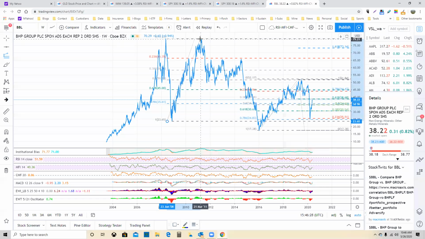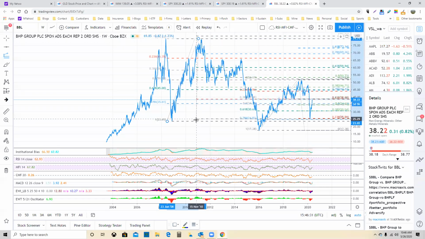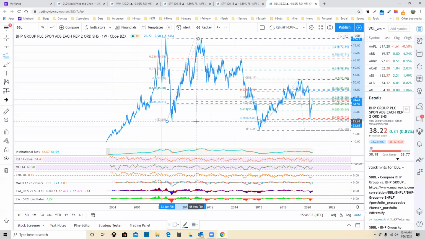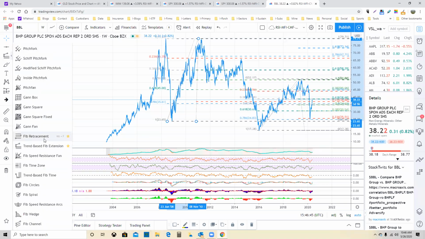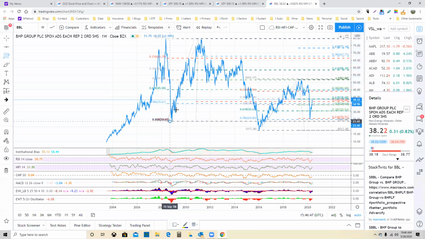Go up here, get those matched, and then do the retrace. Interesting, right? Again, some confluence there, right around 25. We can do super long cycle. Go from here again, at the top.